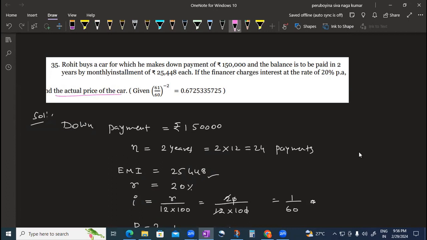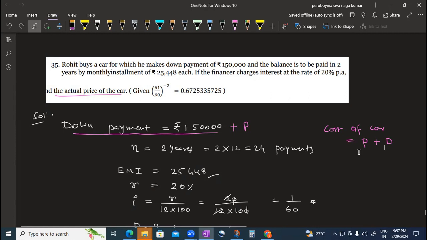Initially he made a down payment and took some loan amount, so loan amount plus down payment is the cost of the car. Cost of car is equal to loan amount P plus down payment D. Down payment is 1.5 lakh.